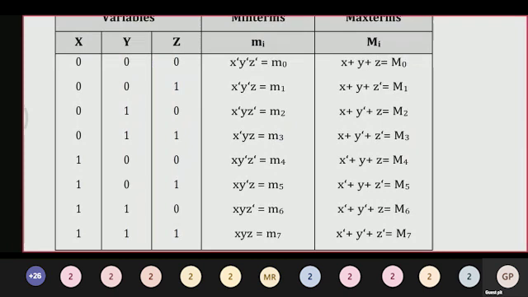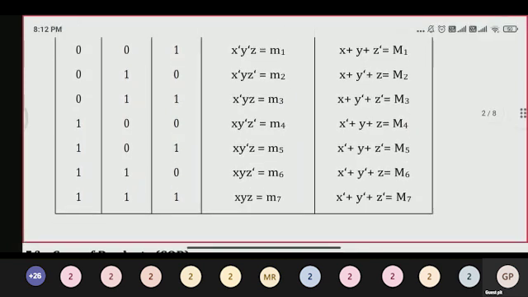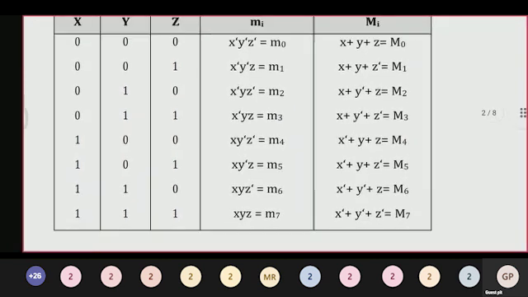Next one is 1 0 1. 1 0 1 is represented in max term as x bar plus y plus z bar, that is equal to max term M5. And next one is 1 1 0. The input variable 1 1 0 is represented in max term as x bar plus y bar plus z, that is equal to max term M6.